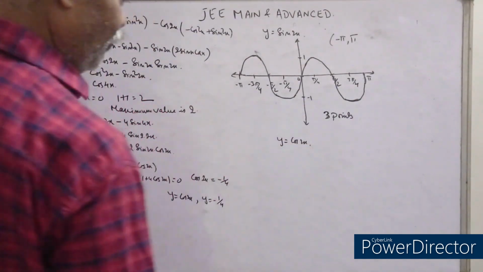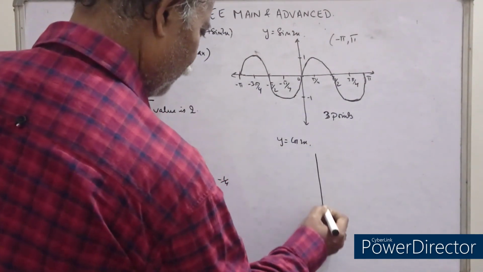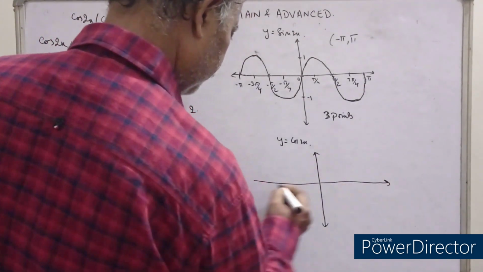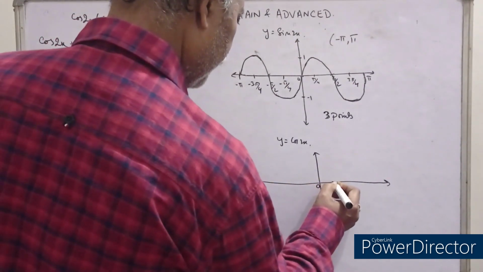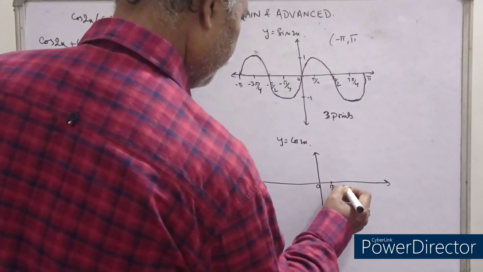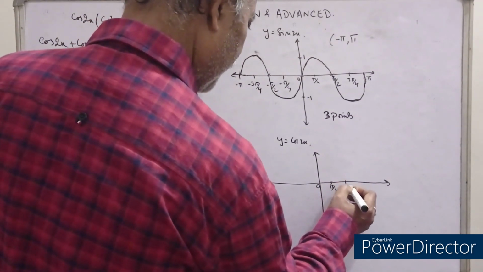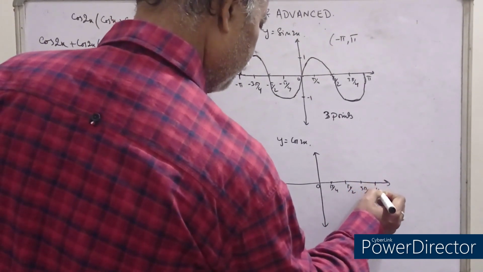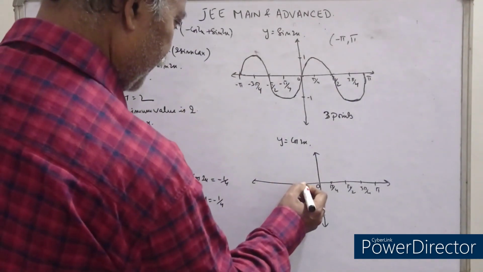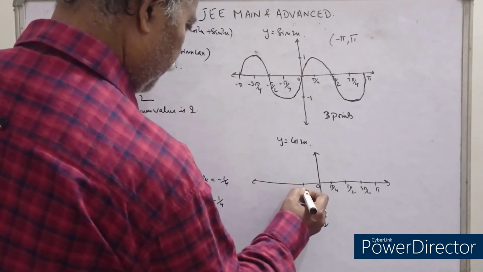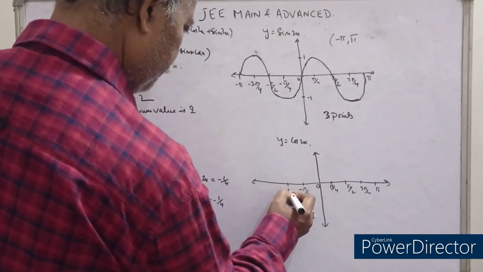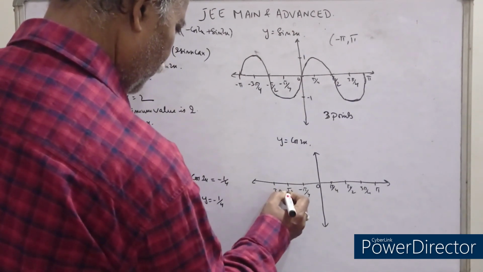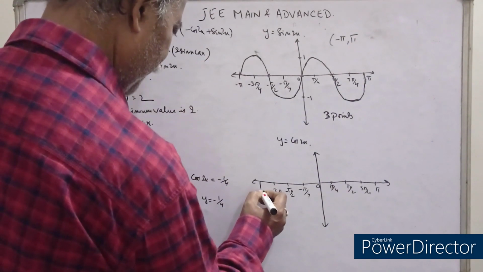The cos 2x graph will have marks at 0, then pi by 4, pi by 2, 3 pi by 4, and pi. Again, on the other side, minus pi by 4, minus pi by 2, minus 3 pi by 4, and minus pi.